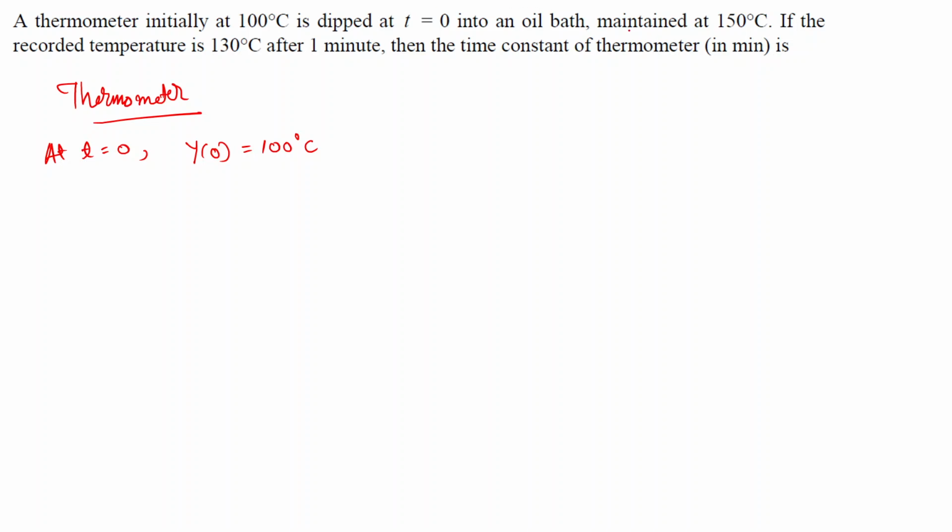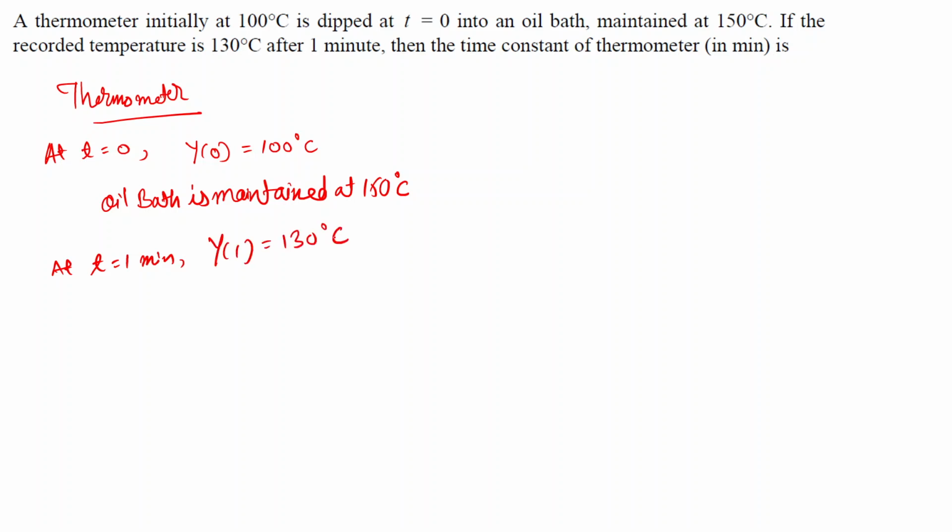Then the oil bath is maintained at 150 degrees Celsius, and if the recorded temperature is 130 degrees Celsius after 1 minute, that is at t equal to 1 minute, y of 1 is 130 degrees Celsius, then the time constant of the thermometer in minute is dash. So time constant we have to find.